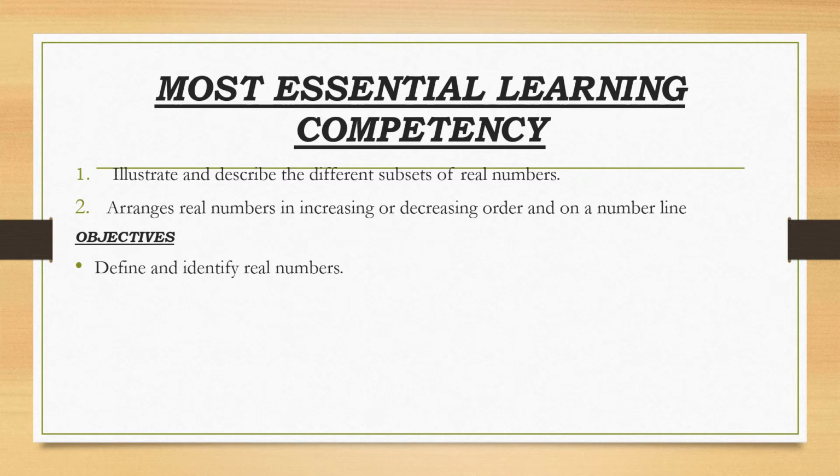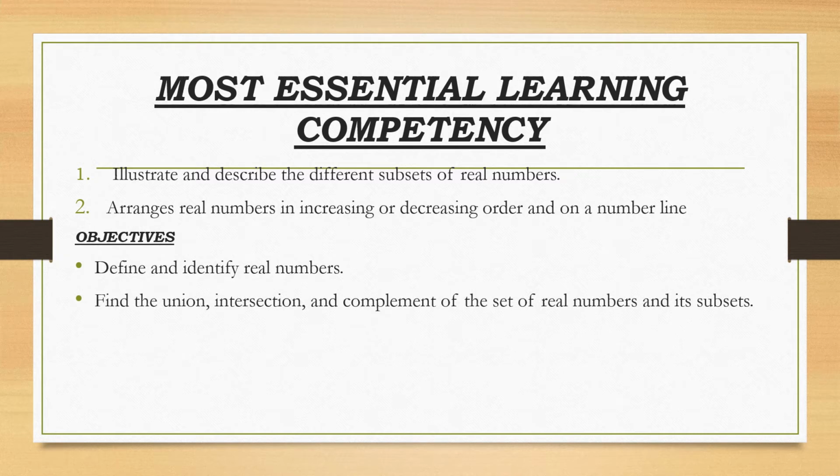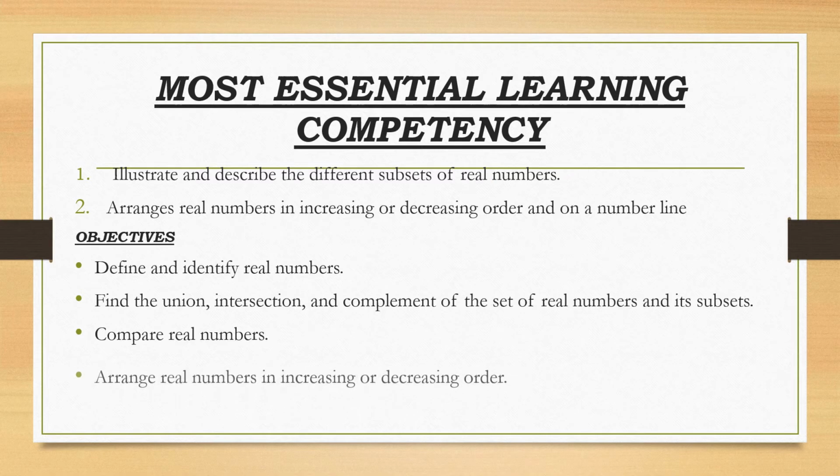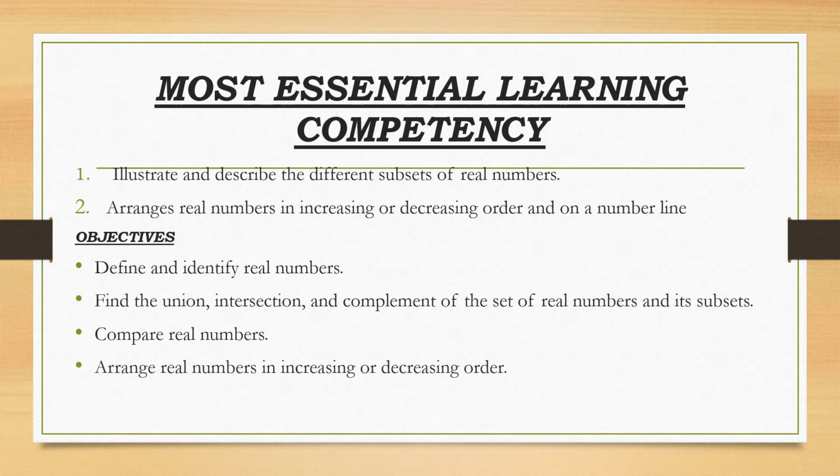For our objectives: define and identify real numbers. Find the union, intersection, and complement of the set of real numbers and its subsets. And then compare real numbers. Arrange real numbers in increasing or decreasing order.